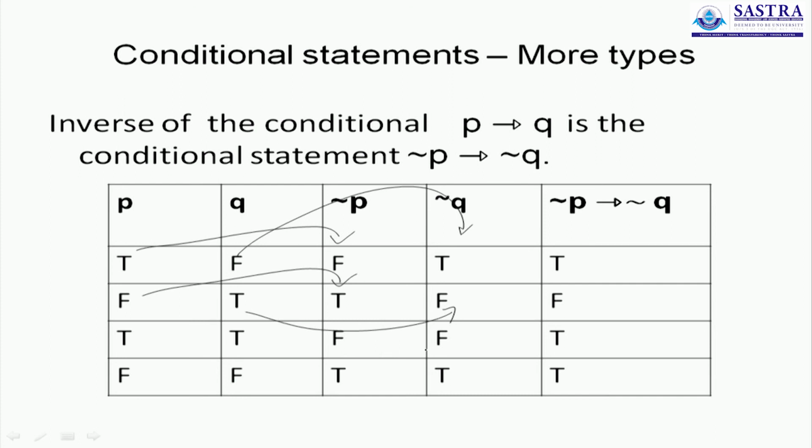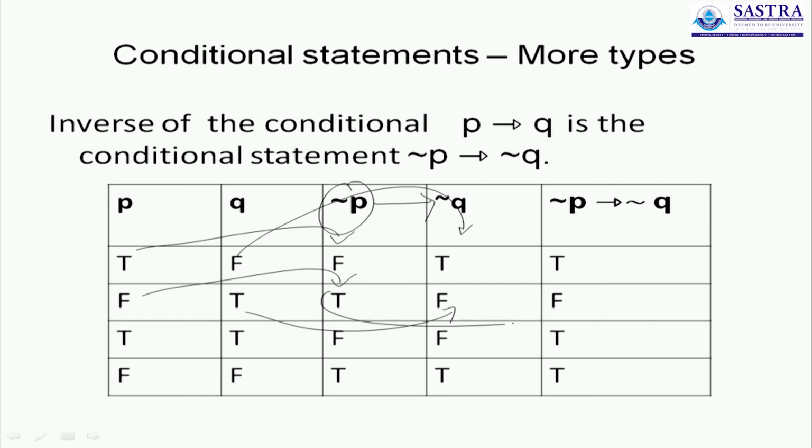Now consider the conditional from negation P to negation Q. In other words, column 3 represents your hypothesis and column 4 represents your consequence. Now when you consider them in this manner, we already saw when a conditional takes up a false value.